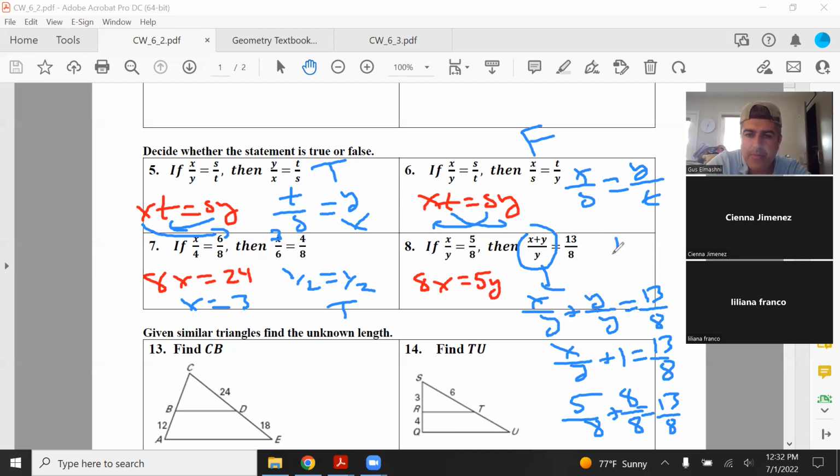So that would be true. So again, just showing some more advanced stuff with proportions.